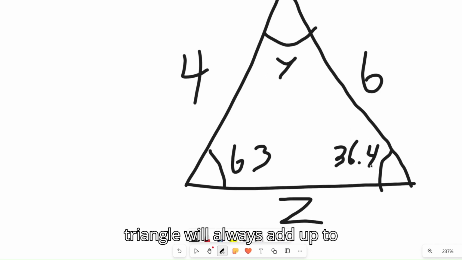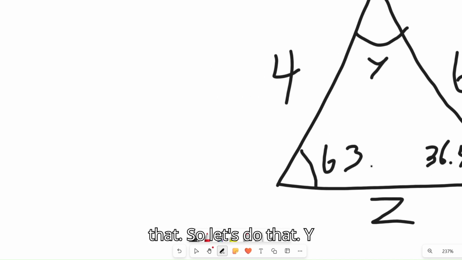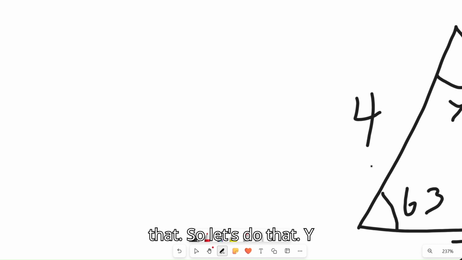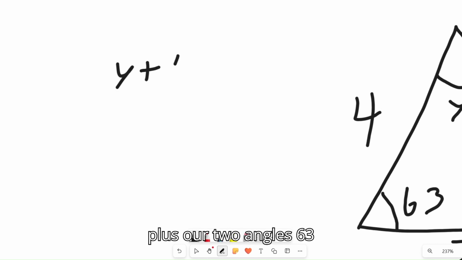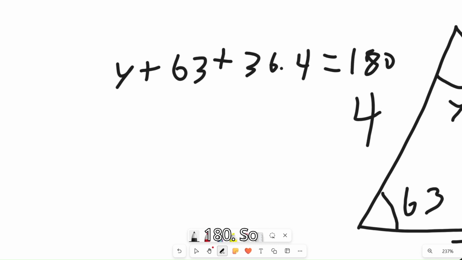So now that we know this, I also know that the interior angles, all 3 angles of the triangle, will always add up to 180 degrees. Every triangle is like that. So let's do that. y plus our 2 angles, 63 and 36.4, equals 180.